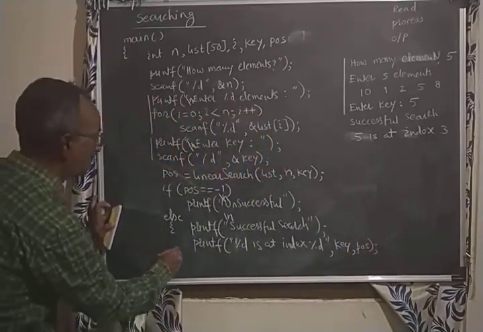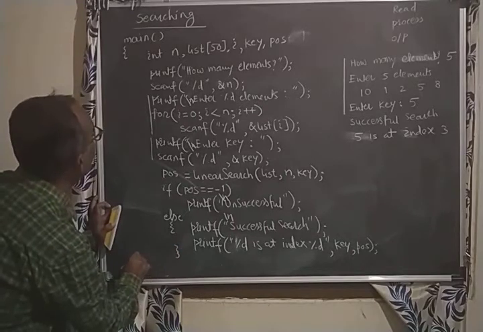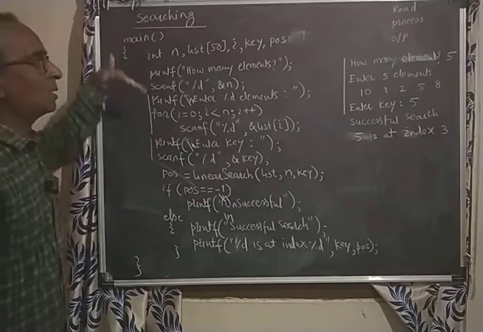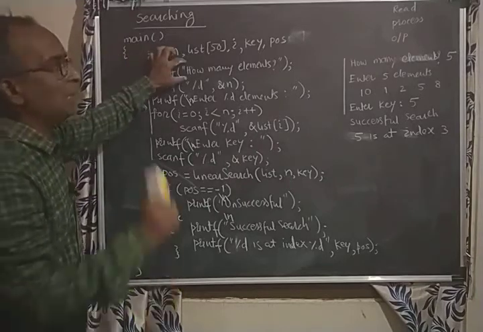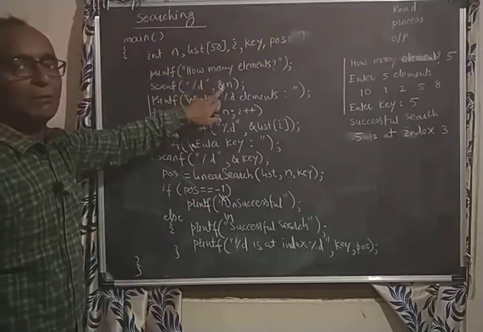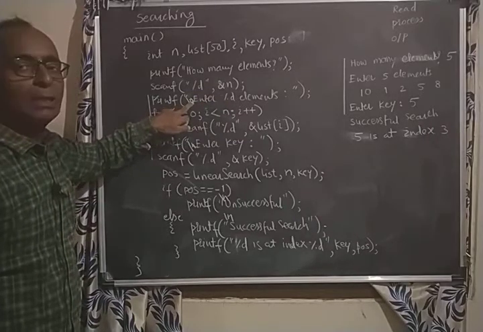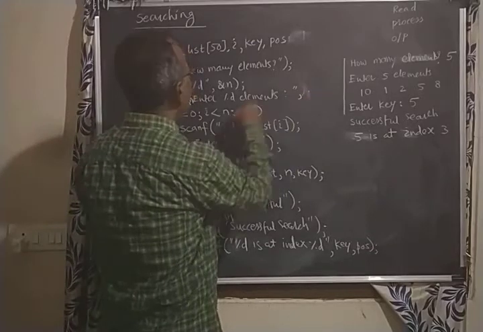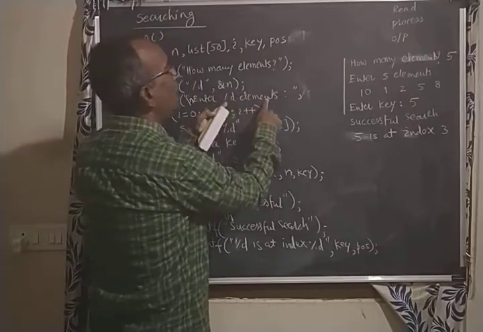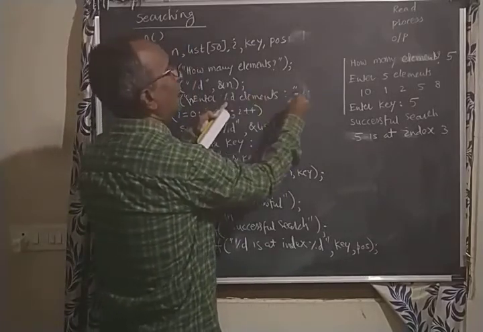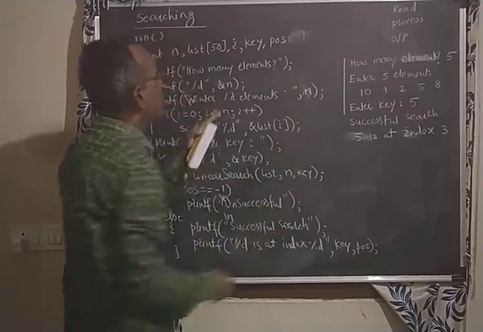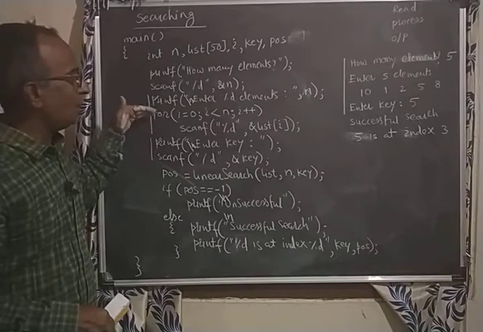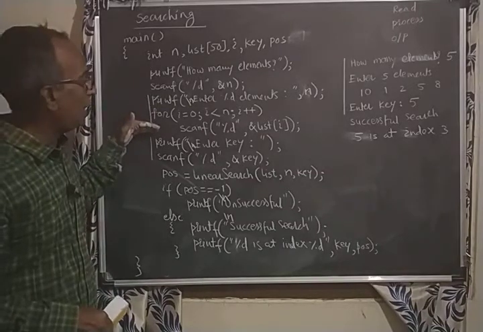Now this is the end of main. When main is executed, this will happen. How many elements will it accept? It will accept one value, and we will print this. At this %d place, enter 5 elements. 5 means the n value you should print. So n values you are accepting here and placing them in an array.